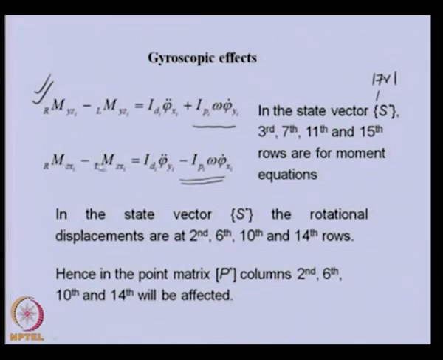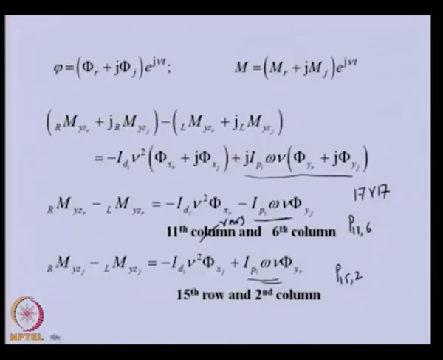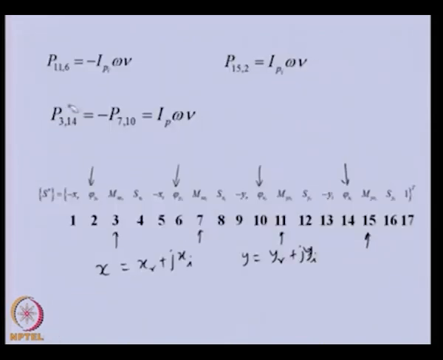Similarly, if we take this equation and expand it, we will get two additional terms, and there we can check that at the 3rd row and 14th column and 7th row and 10th column, this term will be coming. So, in total we will be having 4 entries which will be new because of gyroscopic couple.